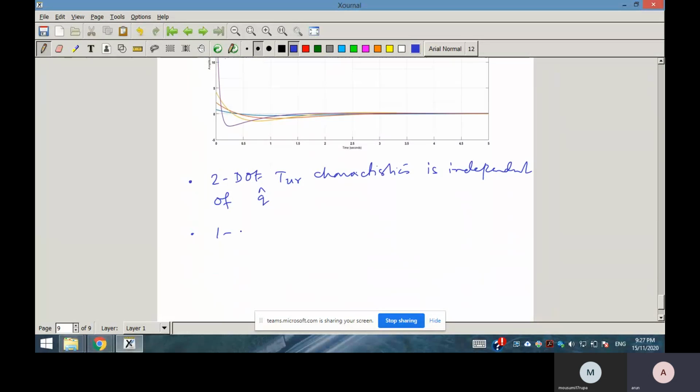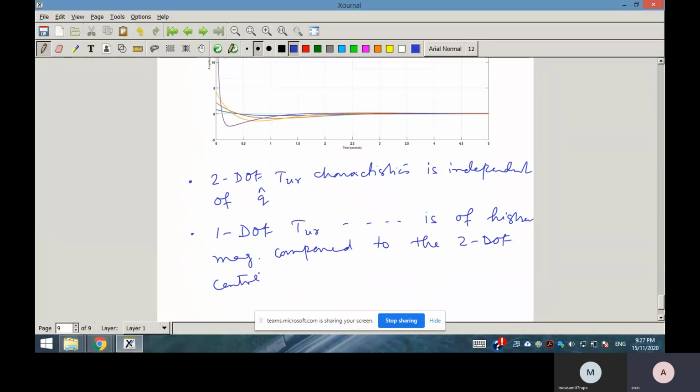Second thing is that 1 degree of freedom TUR characteristics is of higher magnitude compared to the 2DF one. So now this is the advantage.